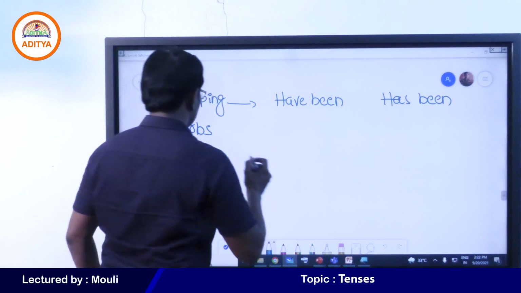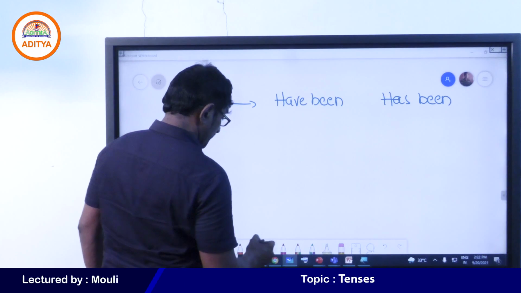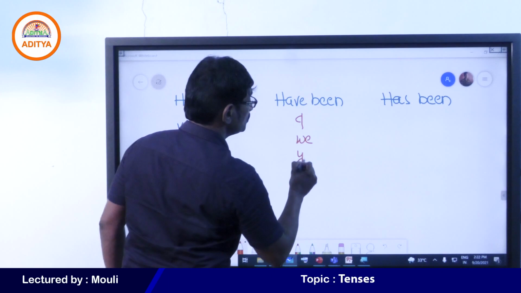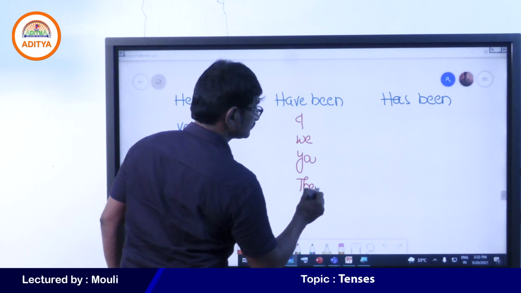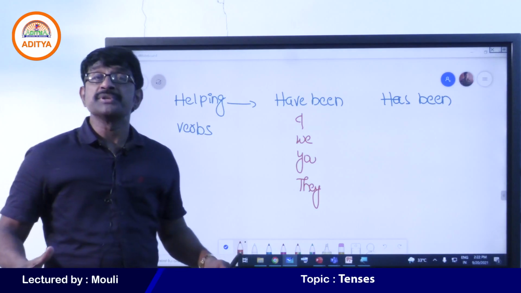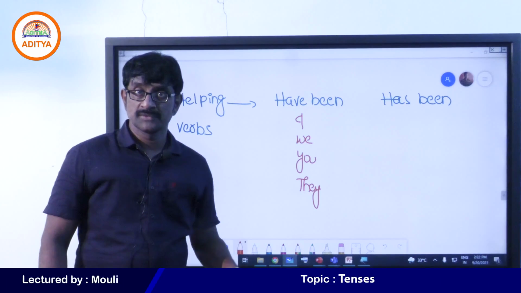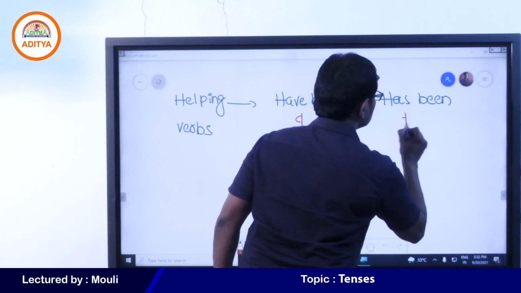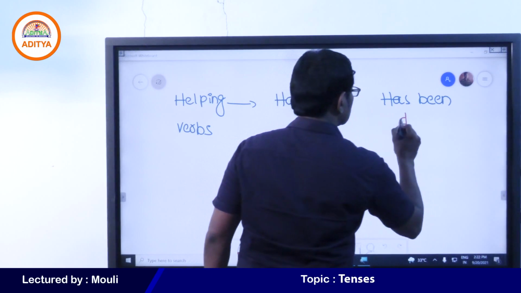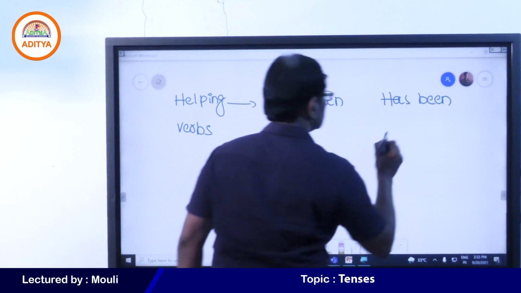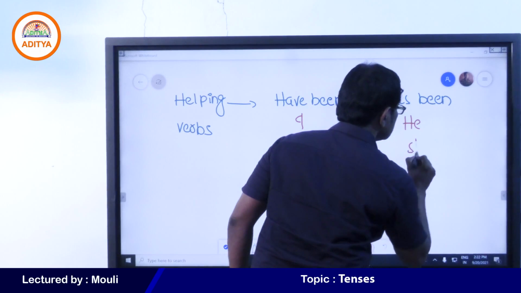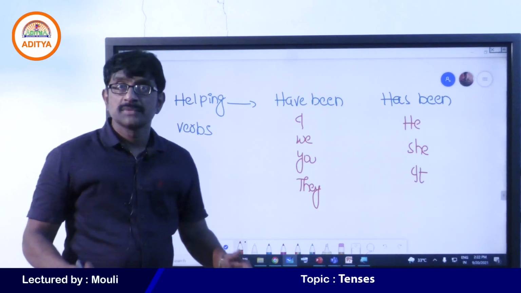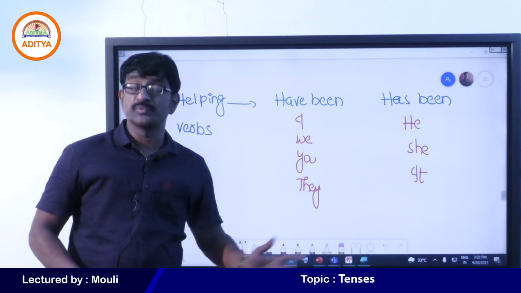For have been, we take I, we, you, they. With these words have been will come. When we go for has been, it is somewhat different: he, she, it. He, she, it will come with has been.